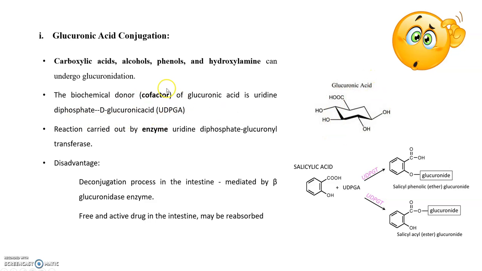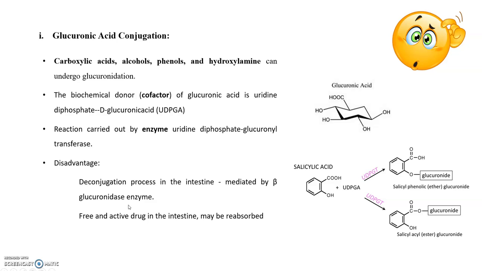Okay, and drugs having carboxylic acid or alcohol or phenol or hydroxylamine groups can undergo this particular conjugation reaction. The main thing here is that complete elimination is hard for this type, because the glucuronide is cleaved off by an enzyme in our intestine and is reabsorbed. Okay, so complete elimination is somewhat difficult.